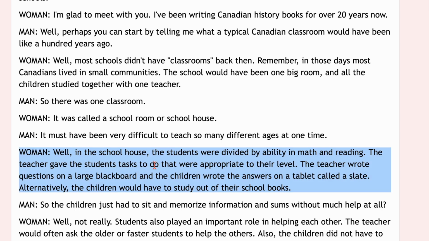Well, in the schoolhouse, the students were divided by ability in math and reading. The teachers gave students tasks to do that were appropriate to their level. The teacher wrote questions on a large blackboard, and the children wrote the answers on a tablet called a slate. Alternatively, the children would have to study out of their school books.